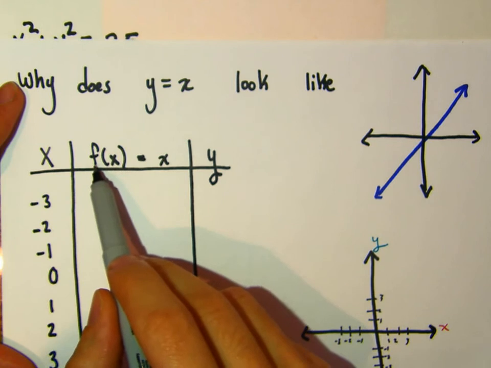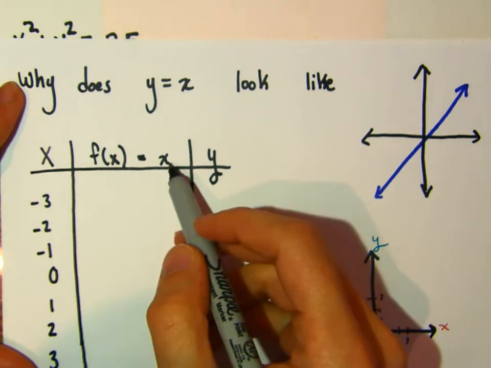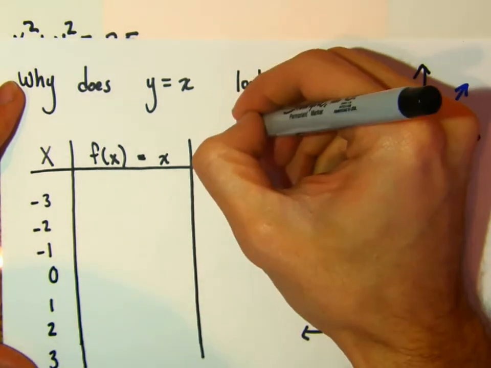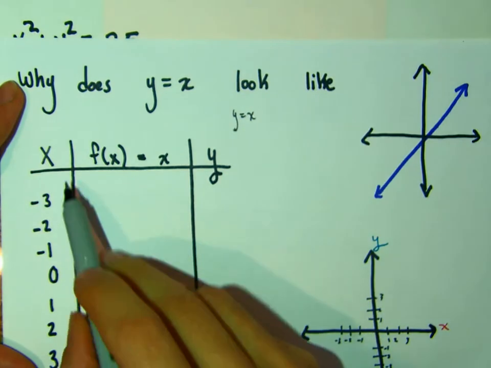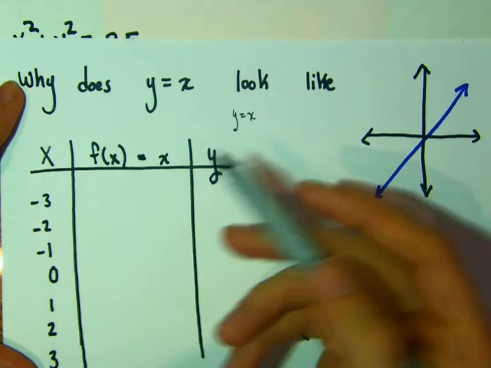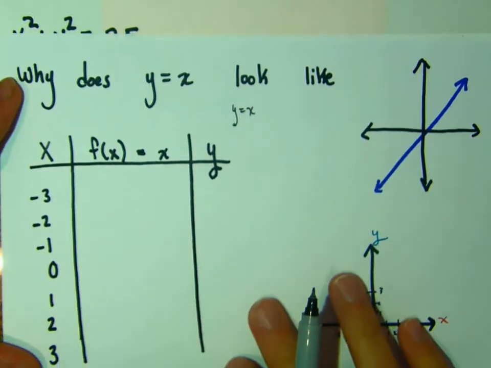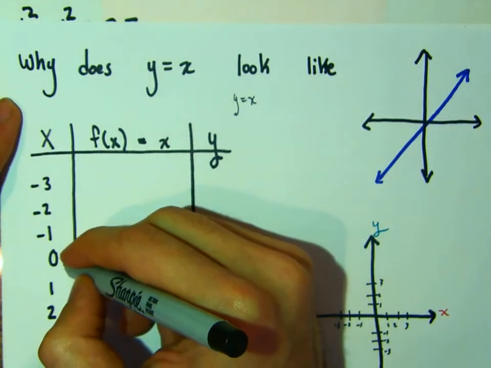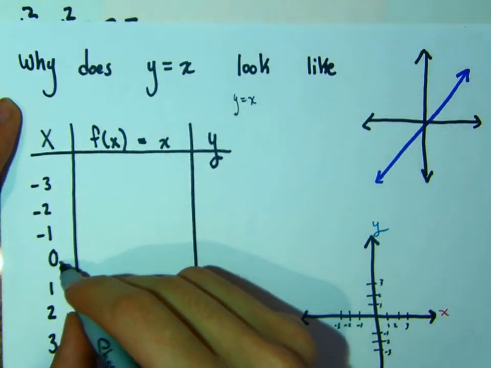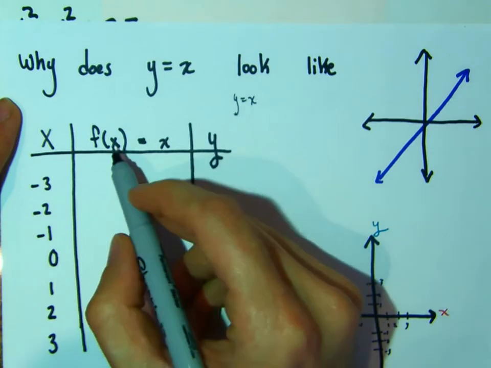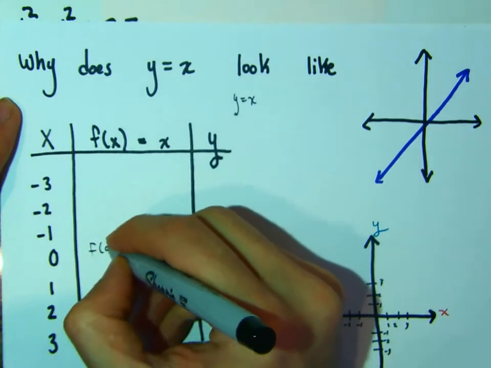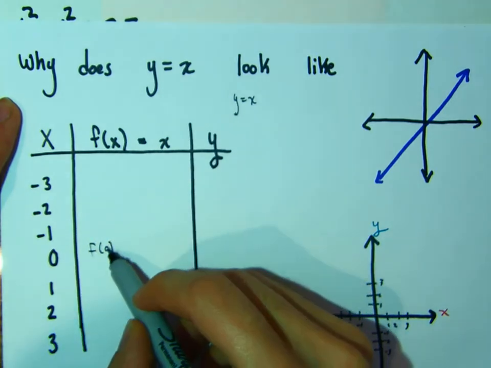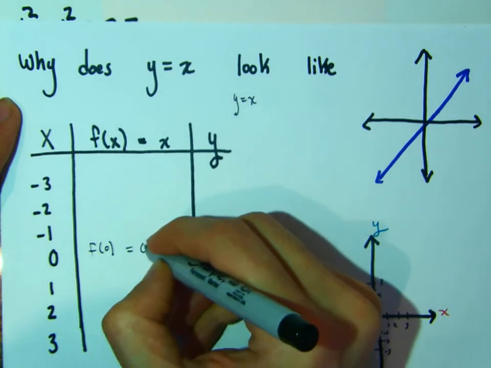This is y equals x, or f of x equals x, right? The idea is we're just plugging in values of x into the function. So let's start at 0, because 0 is a nice number for us. If x is 0, then y is f of 0. If I plug in 0 for x, I just get 0.